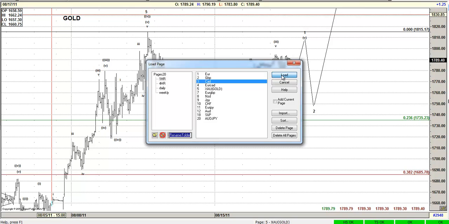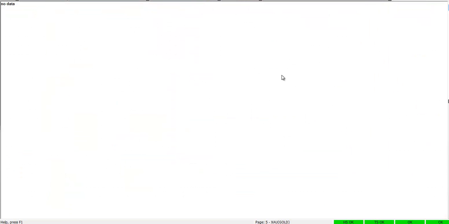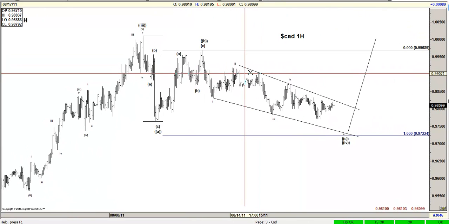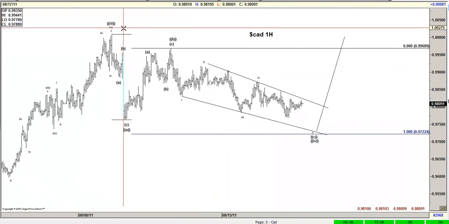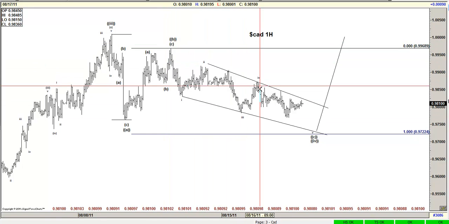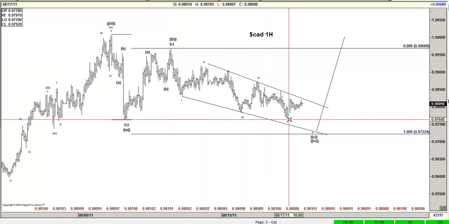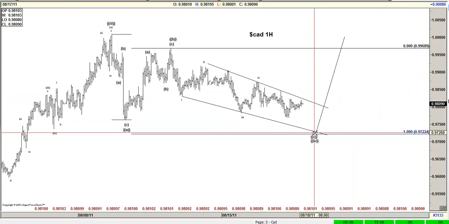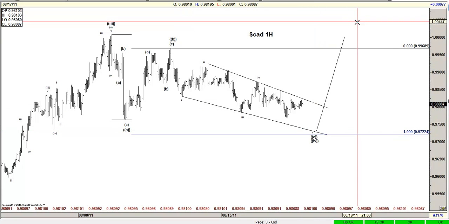And finally CAD, also showing like it's ending. This is a count that we presented in CAD, when it's A, B, and then we got 1 2 3 4, and we already have a low right here, but maybe one more low to around the 97.50 area before going higher.